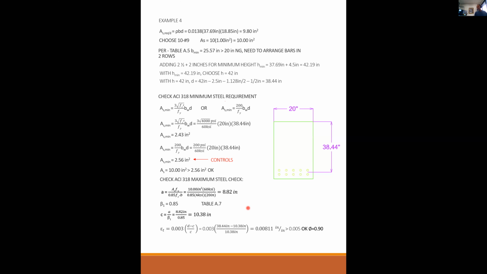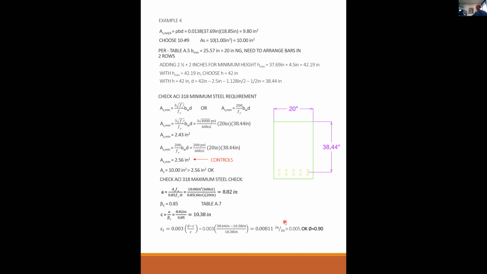So as long as the steel that you choose, not your calculated requirement, but the steel that you actually choose to put into the beam, is less than 13.92, which in my case, I'm providing 10, then when you calculate epsilon sub t, it will be higher than 0.005. So the table is an indirect shortcut to check epsilon sub t.